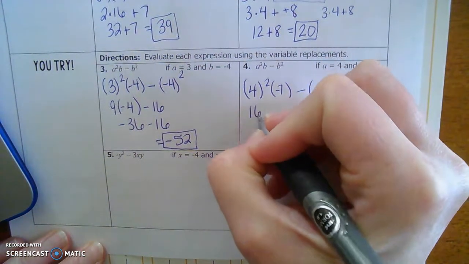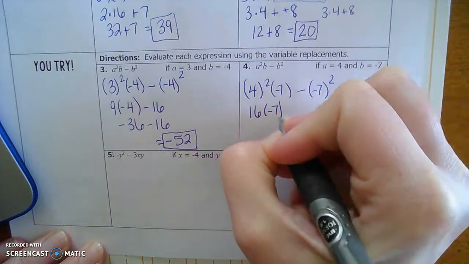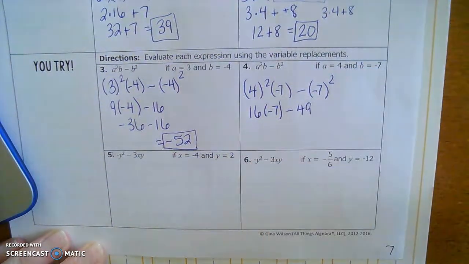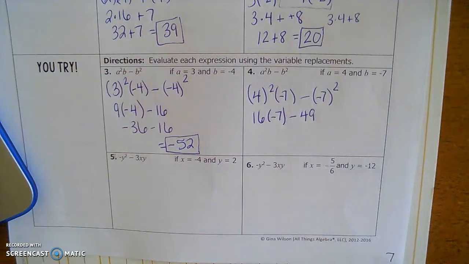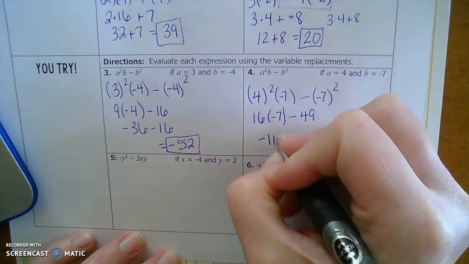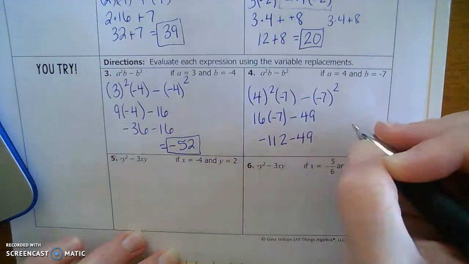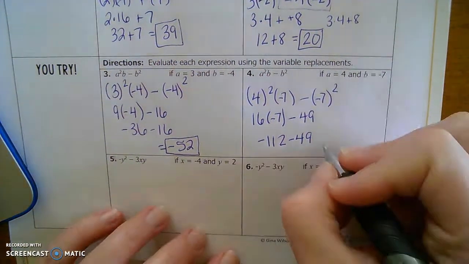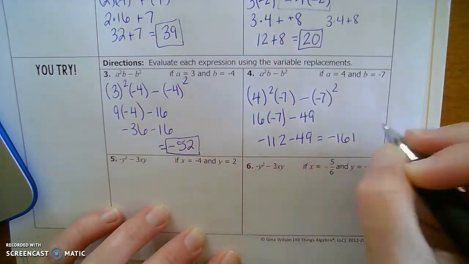Four squared is 16 times negative 7 minus negative 7 squared is 49. So 16 times negative 7 is negative 112 minus 49 would give us negative 161.